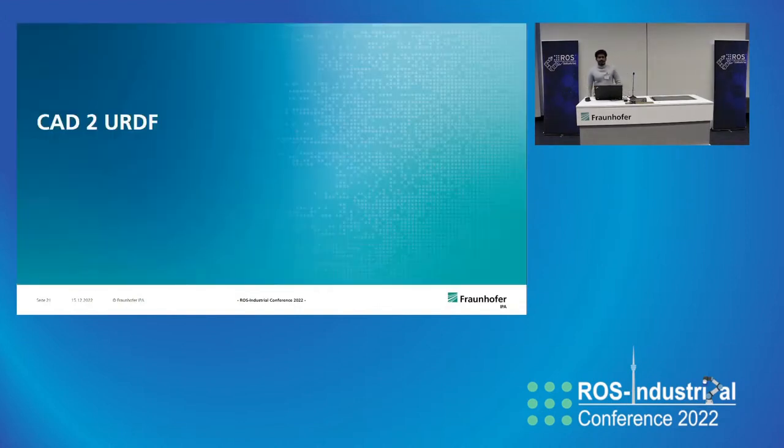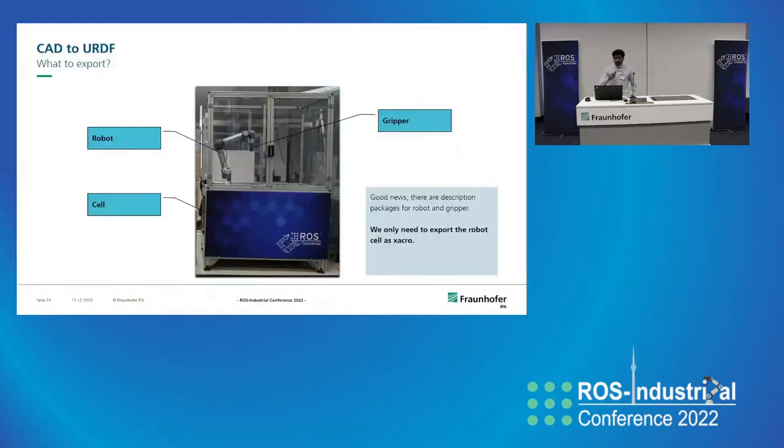I'll briefly walk you through the process that our team went through when we started from a CAD model all the way to the system integration. The first step being the CAD to URDF process. Our system setup consists of three main components: a robot, which is the Universal Robots UR5e, a custom-made robot cell, and a gripper from Schunk, the Schunk EGP50.